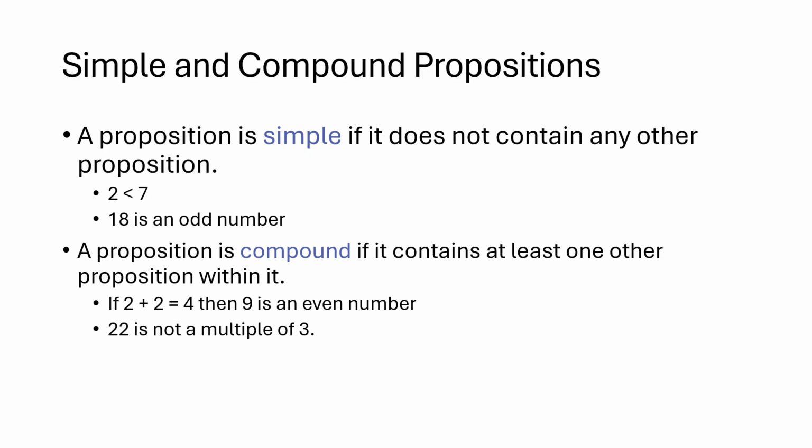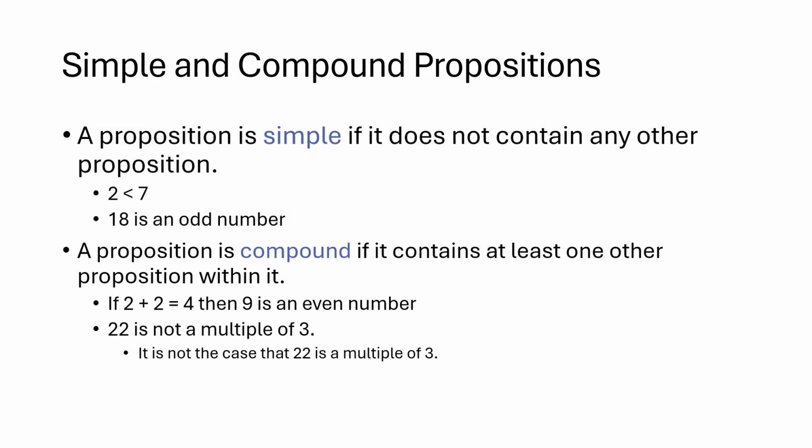Here's another example. 22 is not a multiple of 3. Obviously, it is a proposition, and it's a true proposition as well. But the question here is not whether it's true or false. The question is whether it's compound or simple. This is a tricky one, and it becomes clearer in later videos when we talk about connectives in more detail and define them more rigorously. But the way to think about this proposition is that it means it is not the case that 22 is a multiple of 3.